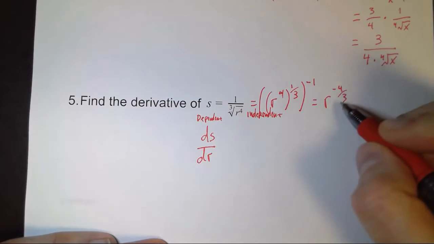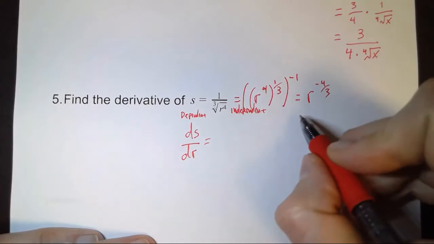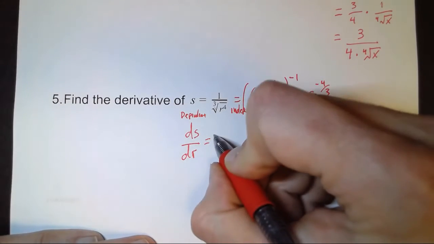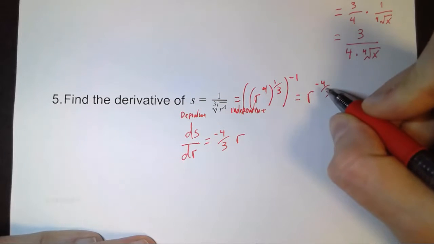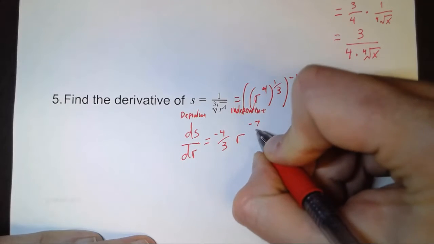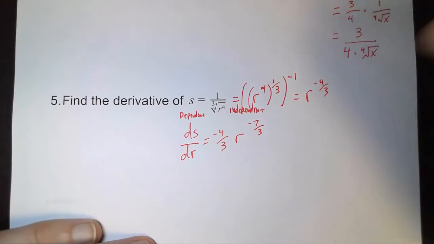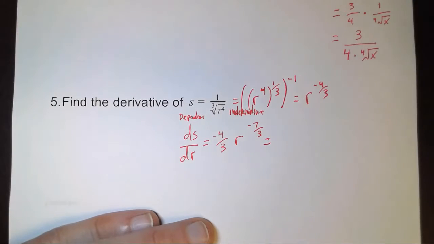So now that we've written it in the form that we want, we can go ahead and bring down the negative 4/3. Now the exponent's going to go down by 1. So when it goes down by 1, it becomes negative 7/3. All right.